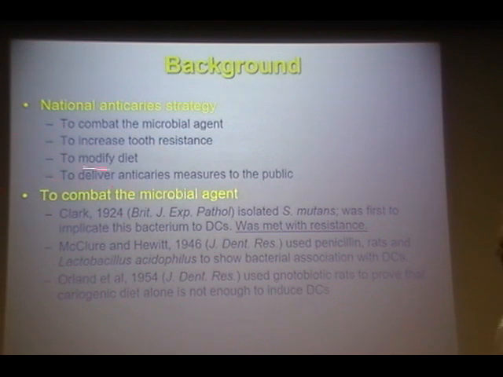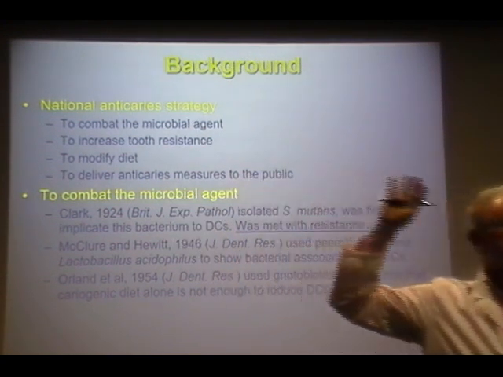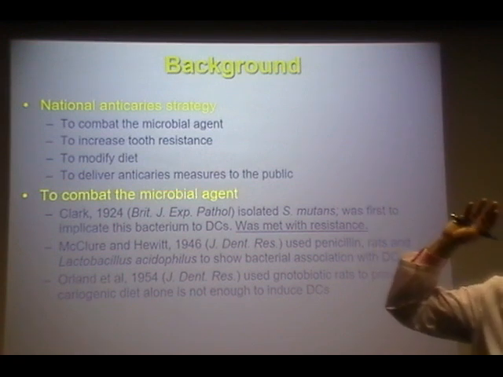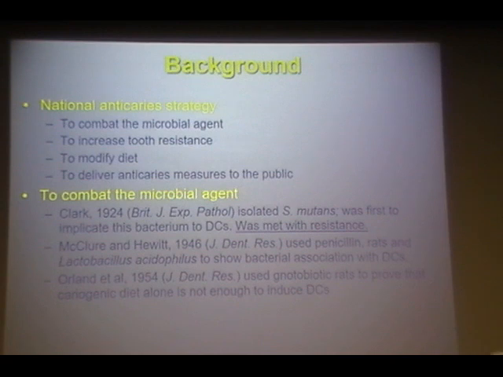Obviously, to modify the diet, you have to educate the parent in order to reduce sugar intake in the kids and to deliver anti-caries measures to the public. So, in response to the U.S. Surgeon General's report, these were directives coming out of the government to try and promote these kinds of activities.